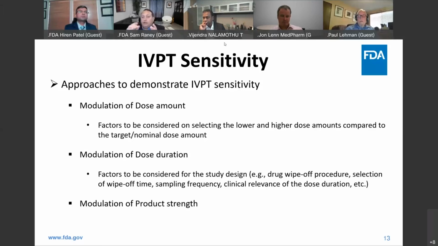Because the ideal situation is to do the entire flux profile. And if you have a product that gives you, say, a Jmax at 18 hours, then you want to have your sensitivity such that your target dose is maybe at 12 hours, and then you have a lower and a higher, because if all of your doses are past the Jmax, you won't be able to differentiate them.